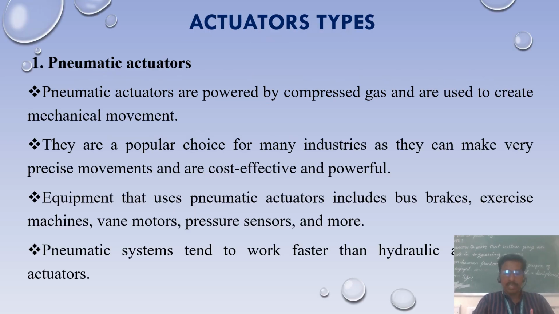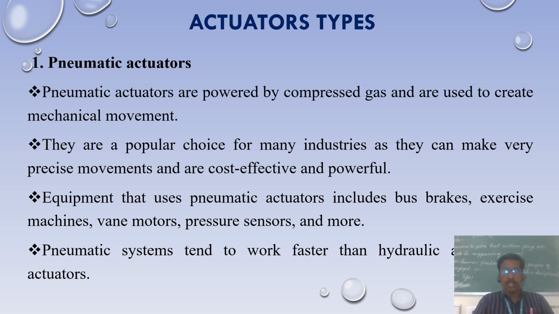Pneumatic actuators are powered by compressed gas and are used to create a mechanical movement. Compressed gas, like air, is the input for the system and produces a rotary action. They are a popular choice for many industries, as they can make very precise movements and are cost effective and powerful.